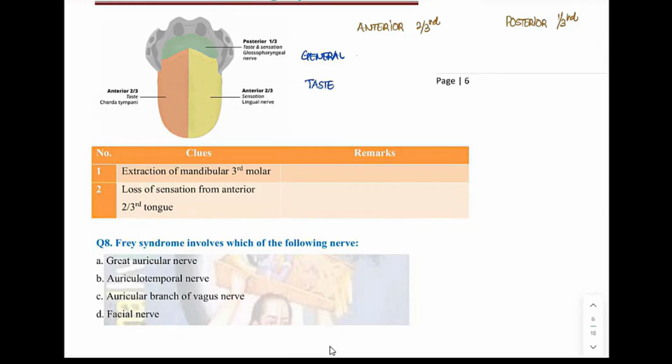So from the anterior two-thirds, general sensations are carried by the lingual nerve, and the taste sensations are carried by the chorda tympani. So see, from the anterior two-thirds, the functions are carried out by different nerves, but from the posterior one-third, it is just one nerve which is doing both the functions, and that is glossopharyngeal. Okay, so please remember this.